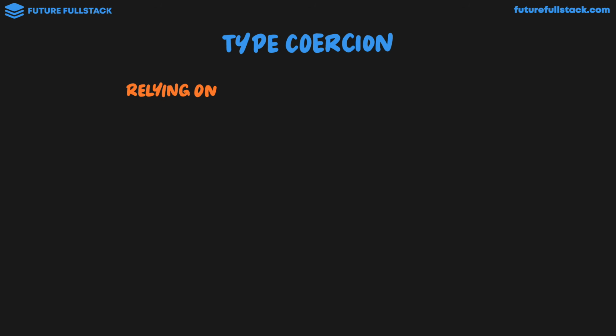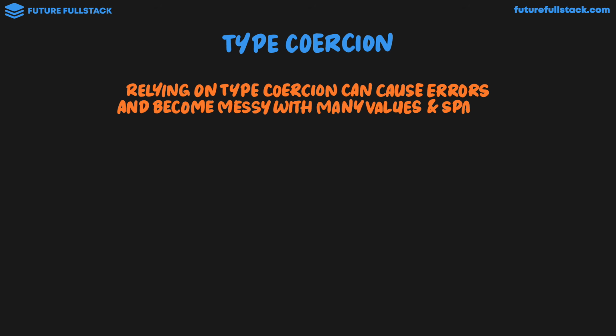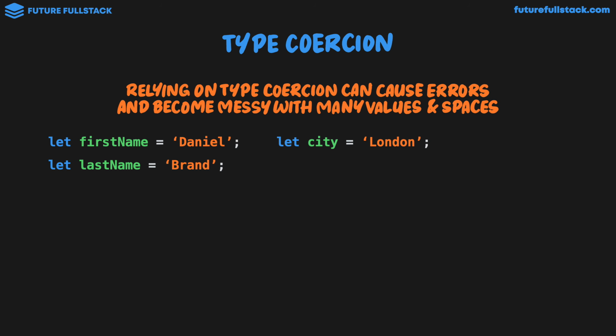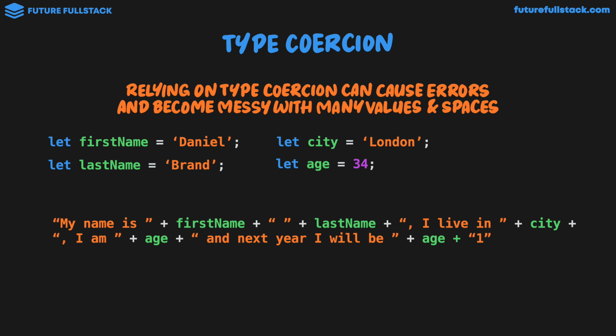Now, relying on type coercion can cause errors and become messy with many values and spaces. So let's say we had the variables first name with the string Daniel, last name with the string Brand, city with the string London, and age with the number 34. If I wanted to output a sentence on the web page combining all of these variables and using concatenation, it would look something like this. So let's read this through.